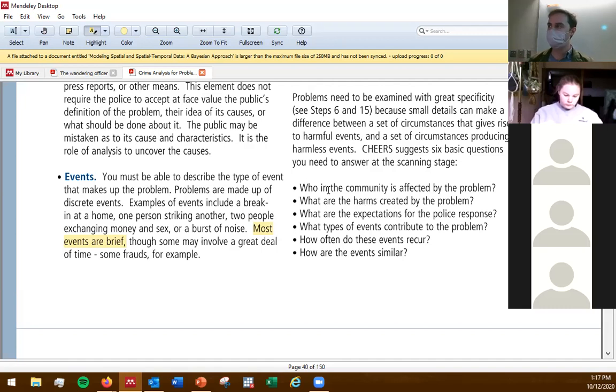So when you're looking at the assaults, what types of events are contributing to this problem? We're looking at assaults in Phoenix, where are the assaults concentrated? I do not follow the NBA at all, but I do know that the Suns did not win the championship because I checked CNN this morning.